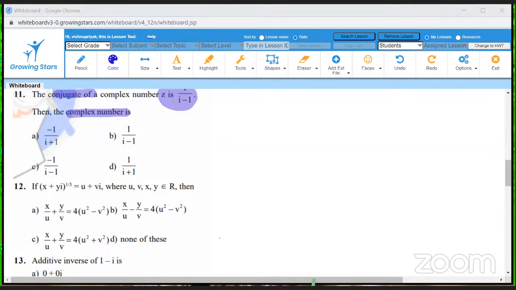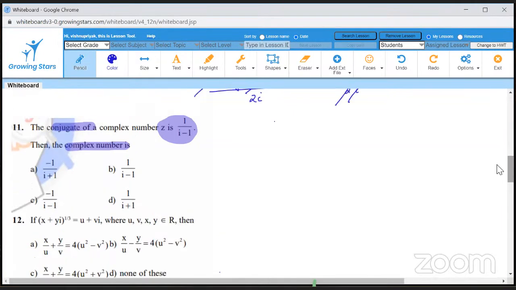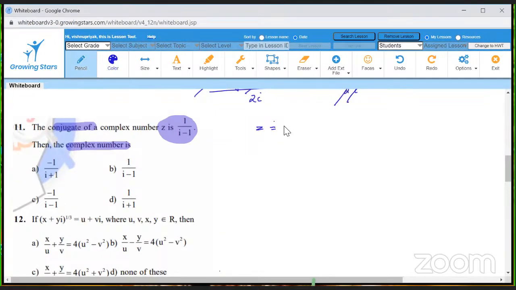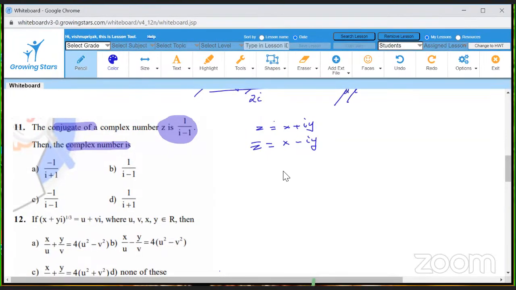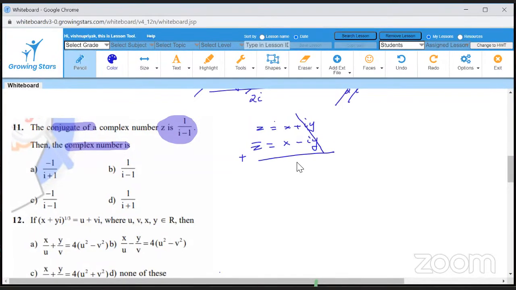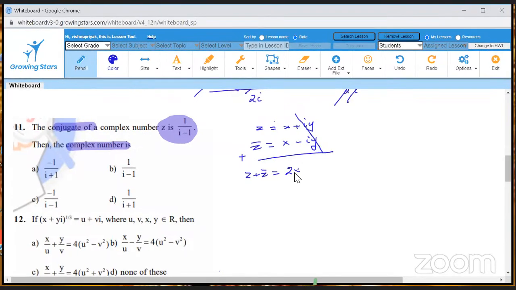I'll tell you if you don't remember. If z is x plus iy, z bar is x minus iy. When you add z and z bar, you will get 2x.